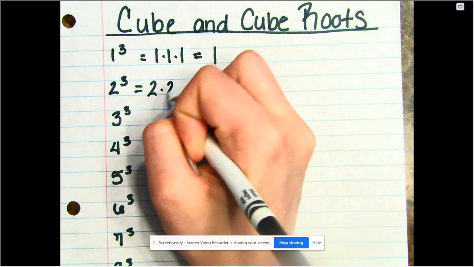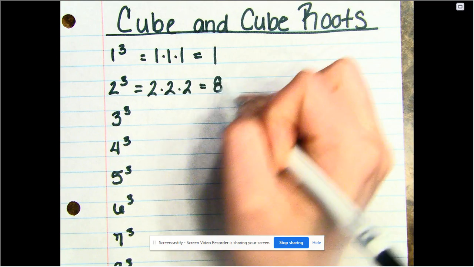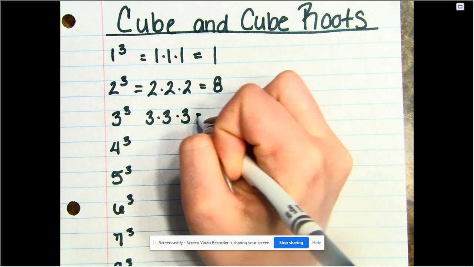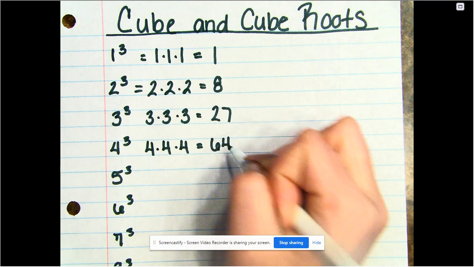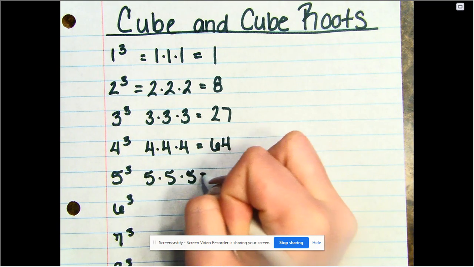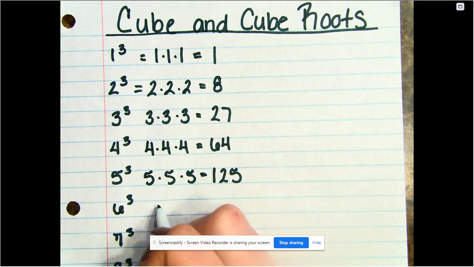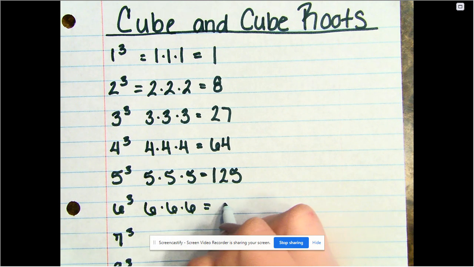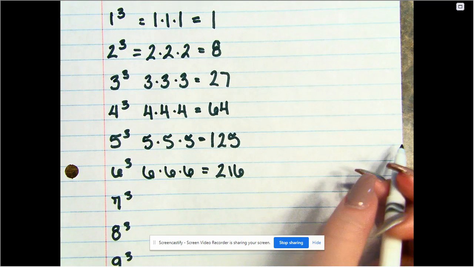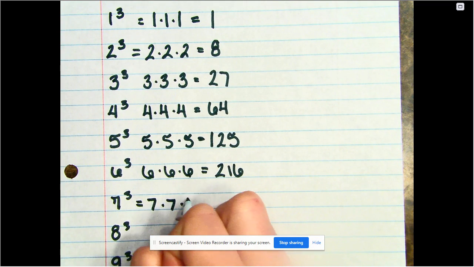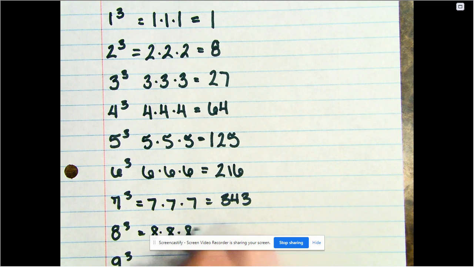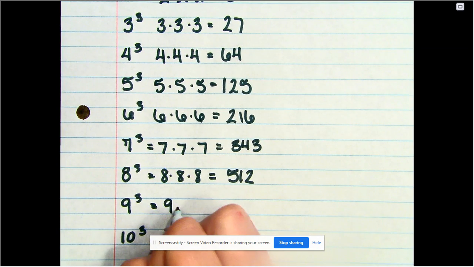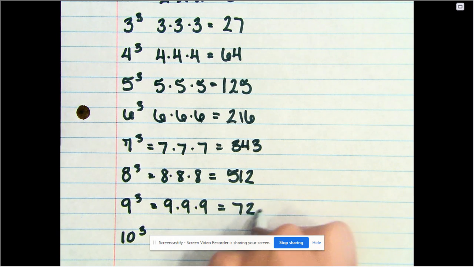2 cubed is 2 times 2 times 2, which is 8. 3 cubed is 3 times 3 times 3, which is 27. 4 cubed is 4 times 4 times 4, which is 64. 5 times 5 times 5 is 5 cubed, and that is 125. 6 cubed is 6 times 6 times 6, and that number is 216. 7 cubed is 7 times 7 times 7, and that number is 343. 8 times 8 times 8, and that number is 512. 9 times 9 times 9, and that is 729.